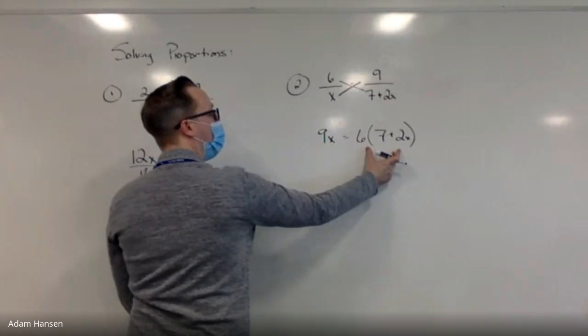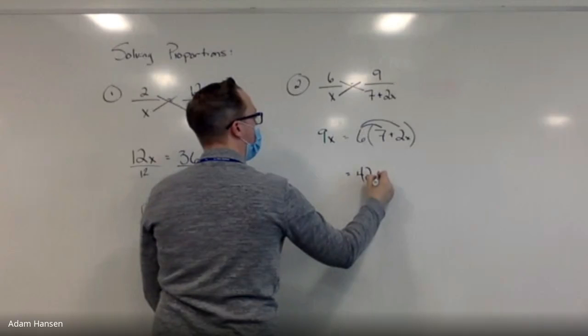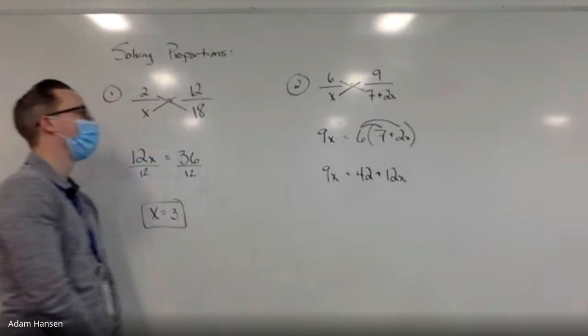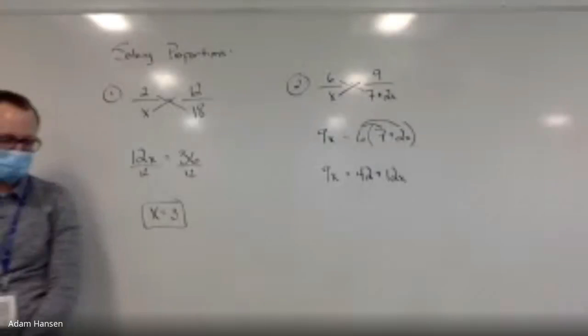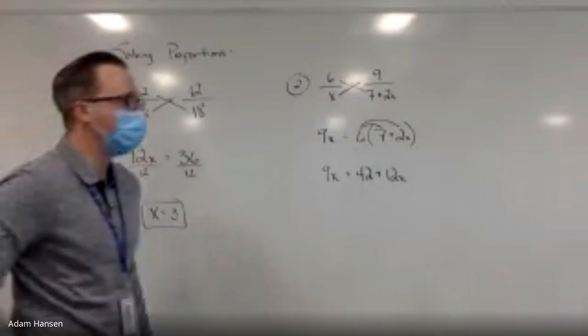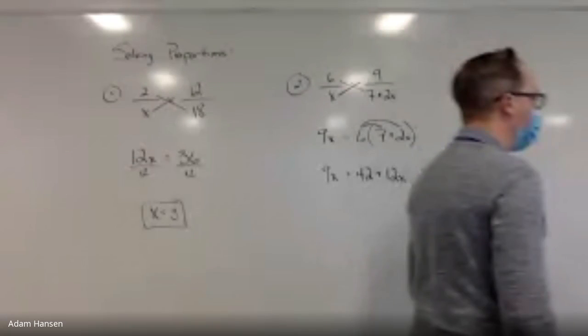How do I simplify this now? Distribute, right. So 6 times 7 and 6 times 2x. That gives 9x equals 42 plus 12x. Now I need the x's on one side. How can I do that?